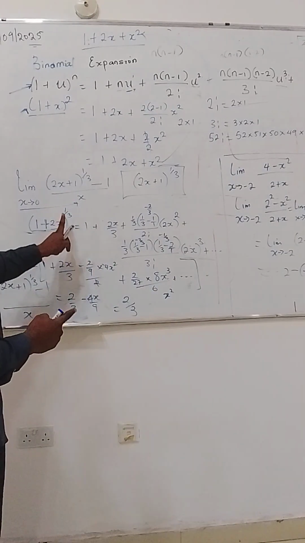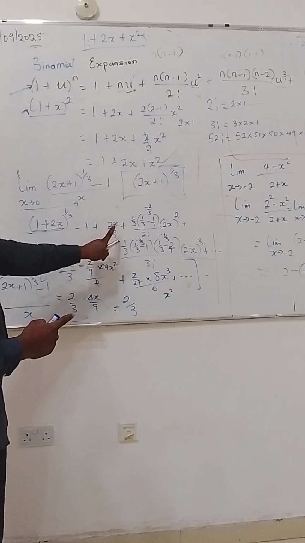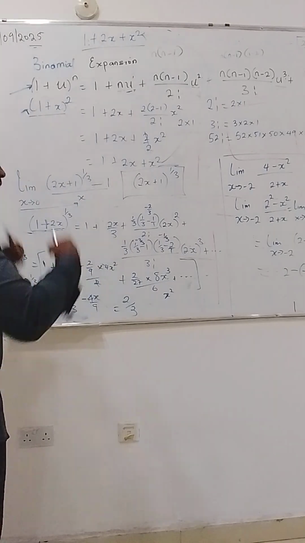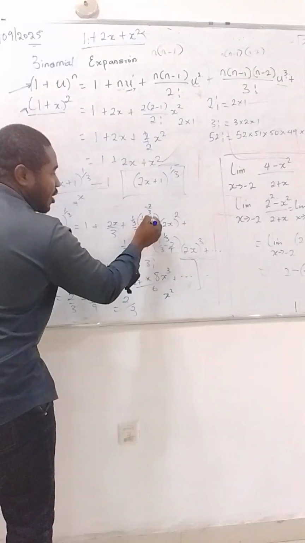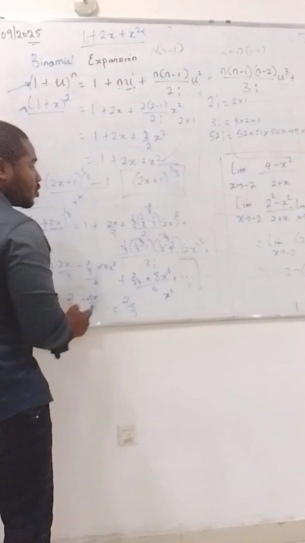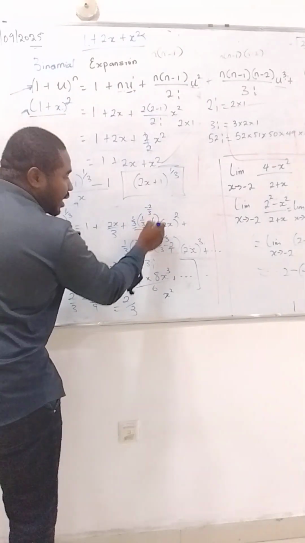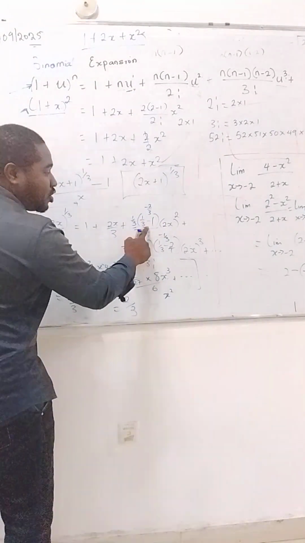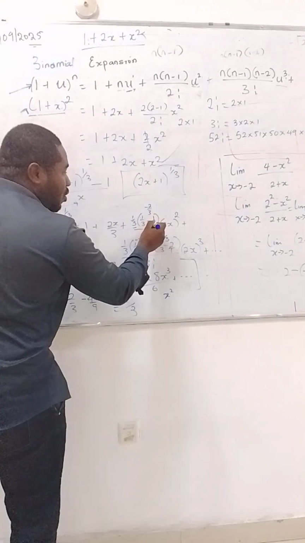The next step will be 1 over 3 multiplied by 2x, which is 2x divided by 3. The next step now is n into n minus 1. So we have 1 over 3 into 1 over 3 minus 1. But because you can't just subtract a fraction, we say you can represent 1 as 1 upon 1.